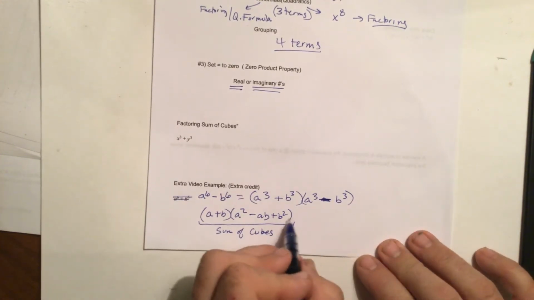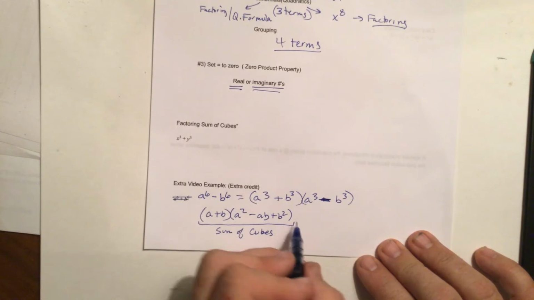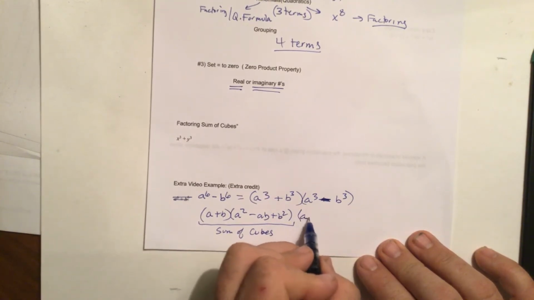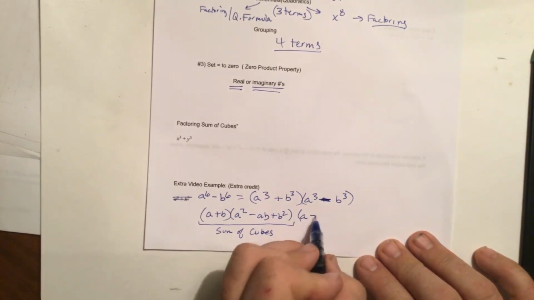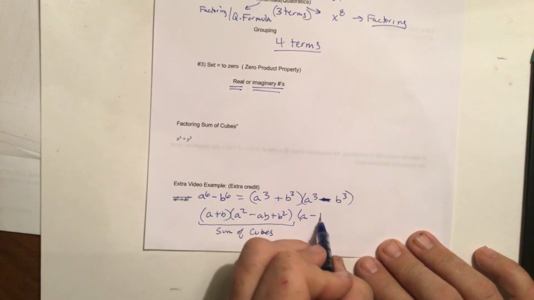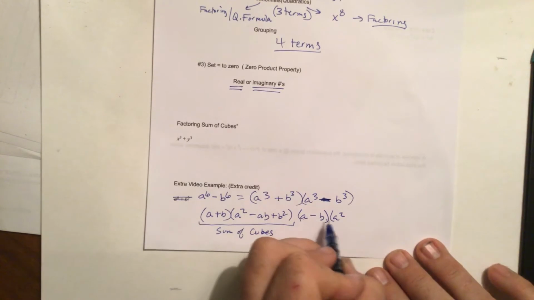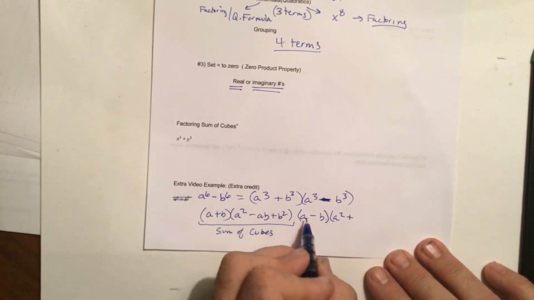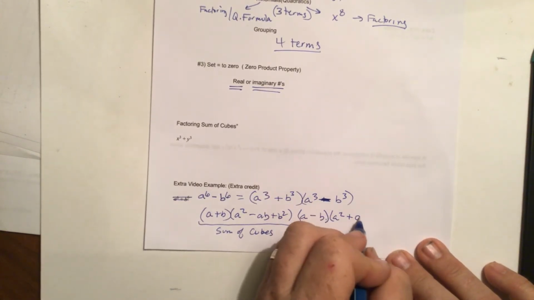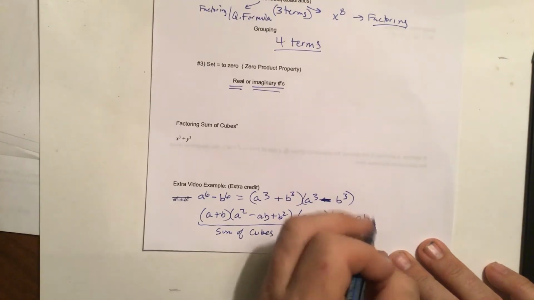Then I take the other one, because I have the difference of cubes: the cube root of the first one, a, minus the cube root of b, square the first one, change the sign, a times b, and take the third one and square it.